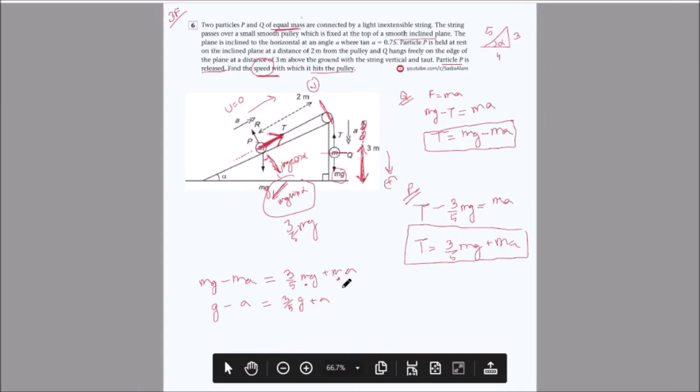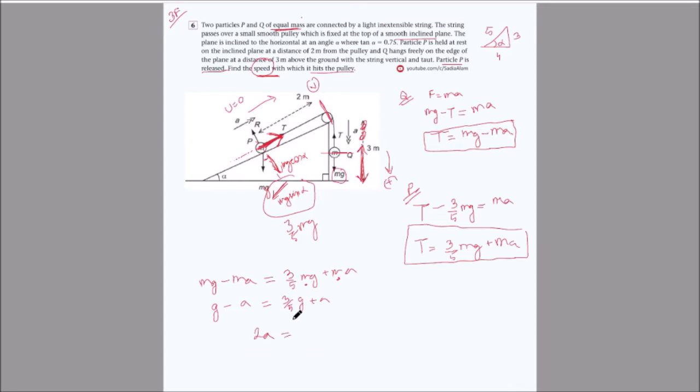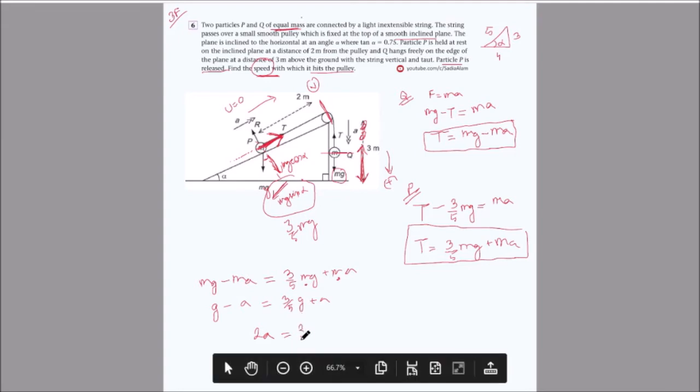So if I shift the sides, you will get 2a equals 1 minus 3 by 5, so 2 by 5 g. Okay, so if you cancel out 2 from both sides of the equation, you get 1 by 5 of g, which is approximately 1.96.